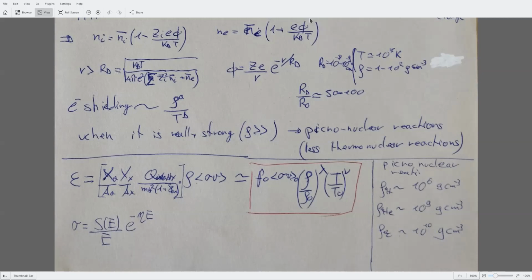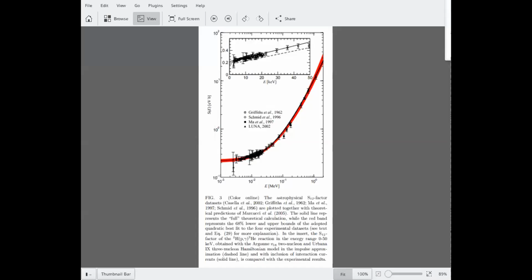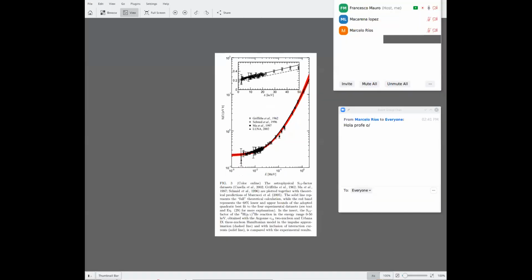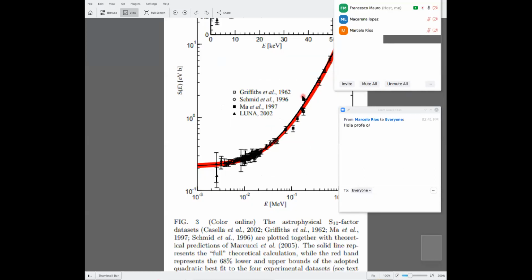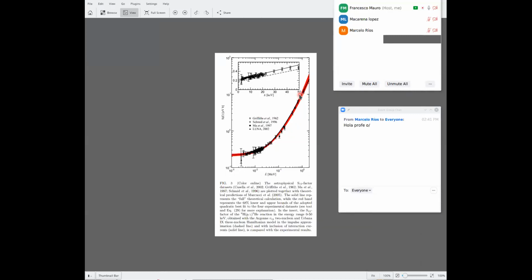And in fact, here you can see, for example, this is an example. This is a graph with several experimental values calculated for the cross section. Here, I don't remember which one.